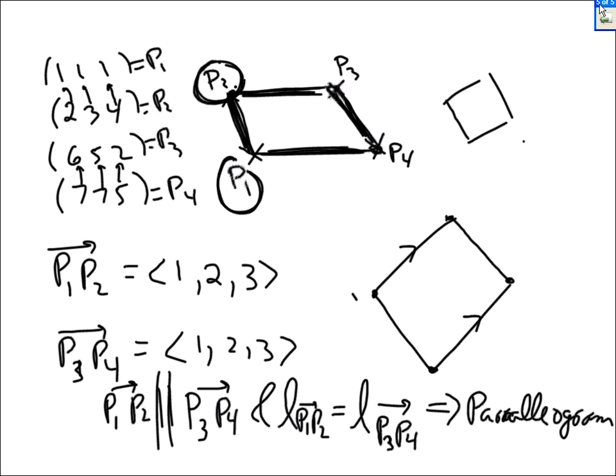Now, if you calculated P1, P2 and P3, P4, and they were not the same, then you look to see if one's a multiple of the other. Remember, the two adjacent sides can't be parallel.